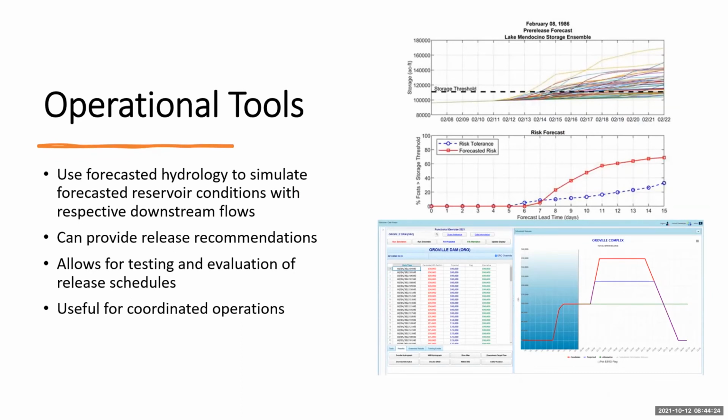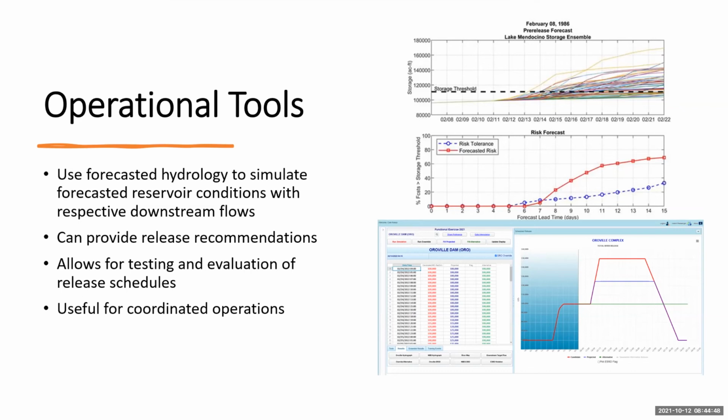So operational tools use the forecasted hydrology to forecast future reservoir conditions and downstream flows, with tools like the FCO and the EFO. It can provide release recommendations and also allows for testing and evaluation of release schedules.